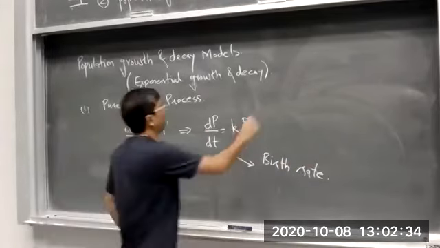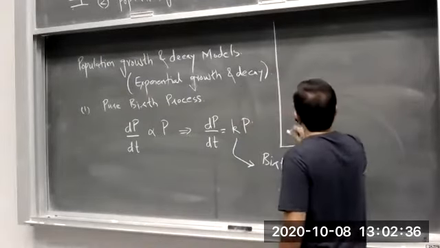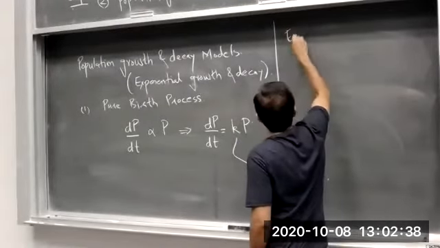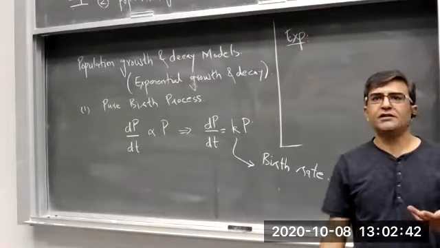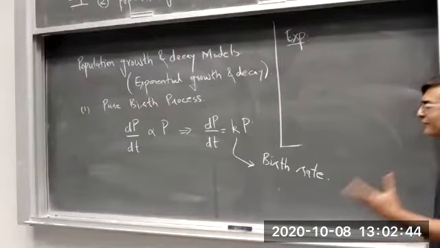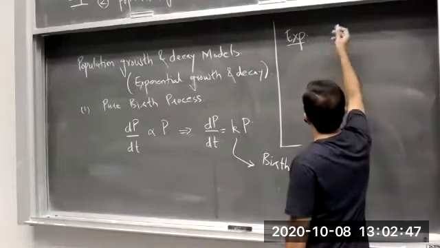Now if I say that, for example, the initial population of Lahore is maybe 50,000 or 5,000, you can take any, okay.